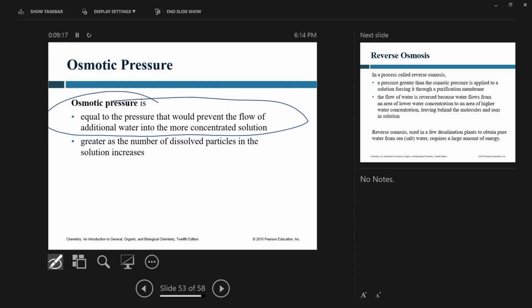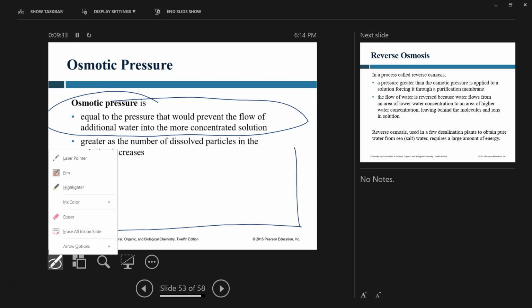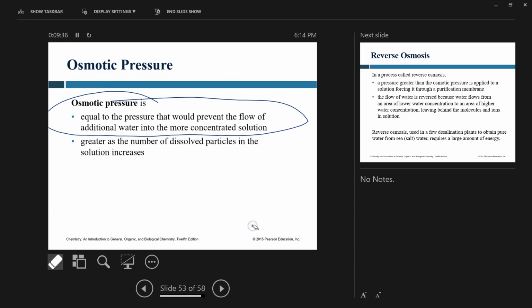That makes sense? So, there's another important consequence of it. When you take two solutions, two beakers, let me erase it and picture two beakers.